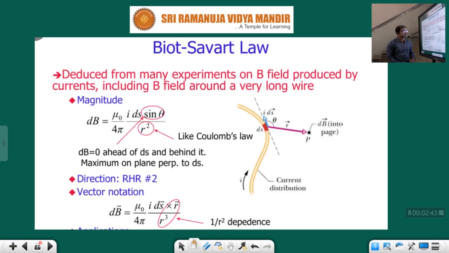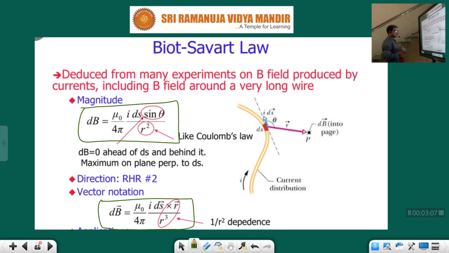See children, Biot-Savart law. I already explained it in the previous lecture. This is the formula for finding the magnitude of the magnetic field: mu naught by 4 pi, I dl sin theta by r square. In the last lecture I discussed the magnitude, but we haven't bothered about the direction.